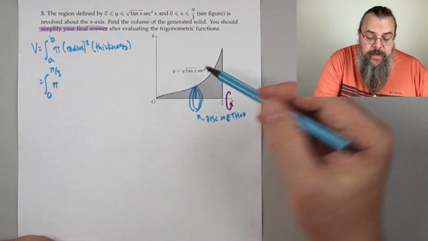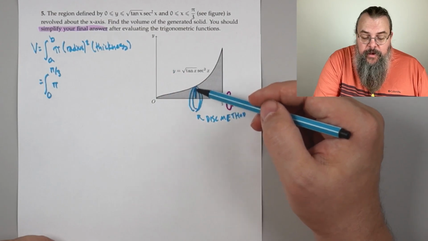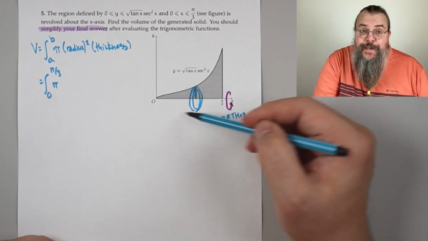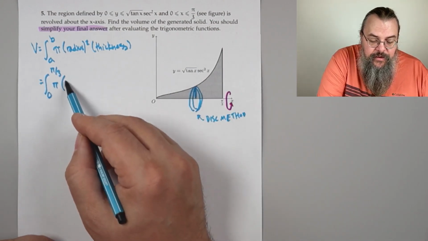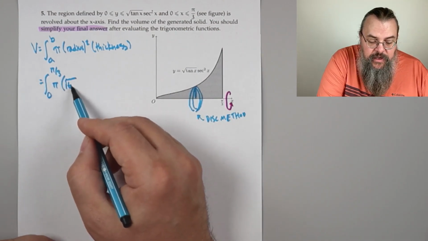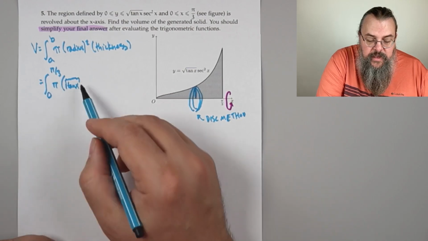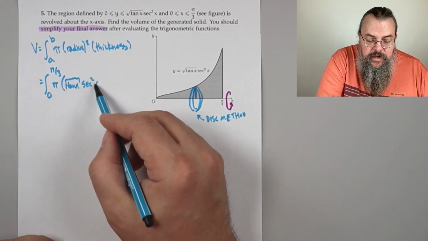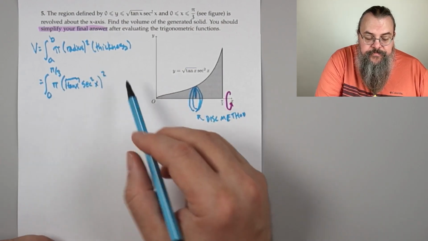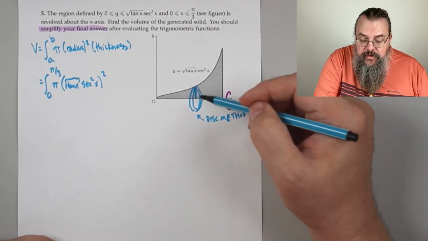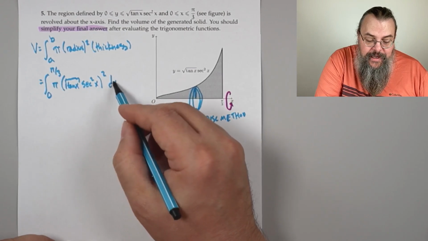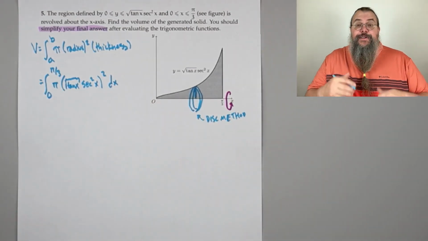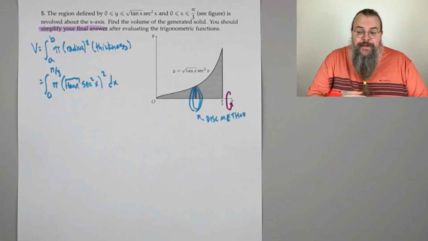The radius is from the axis up to this strange function. So it's the square root of tangent x secant squared x, squared. And then the thickness is just a little tiny bit of x. We call that dx. All right, so we've done the setup.